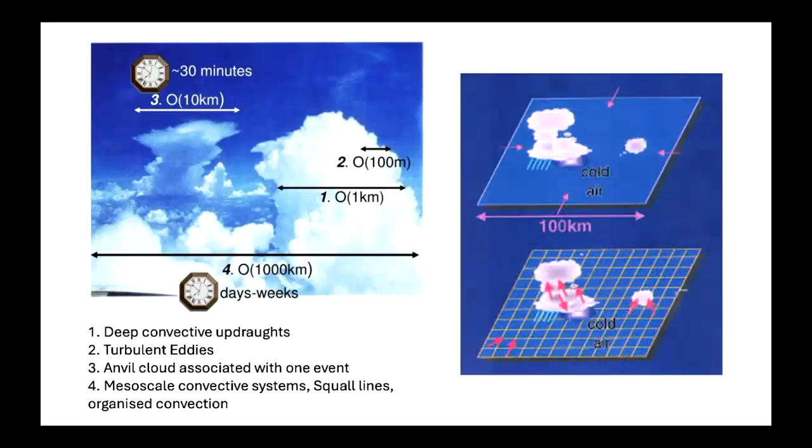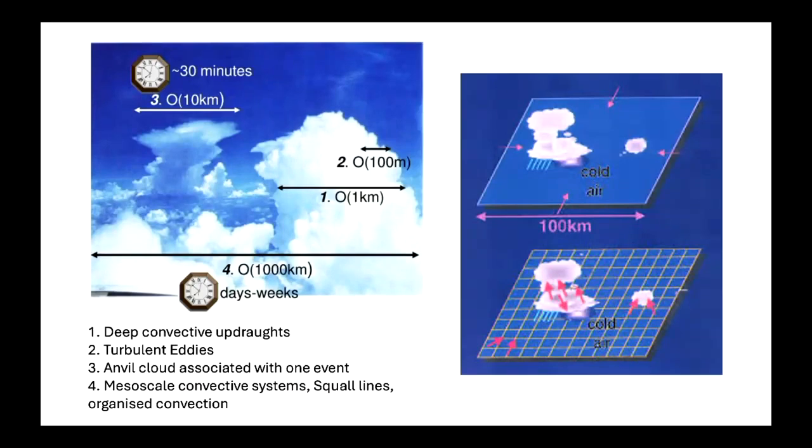Just to put this in perspective, I'm showing a photo taken from a research aircraft, which captures different elements of the clouds within a mesoscale convective system. What we could see here is the deep convective core of the convection, and also a turbulent eddy at the edge of the cloud. You could also see high-level envelope clouds in this picture.